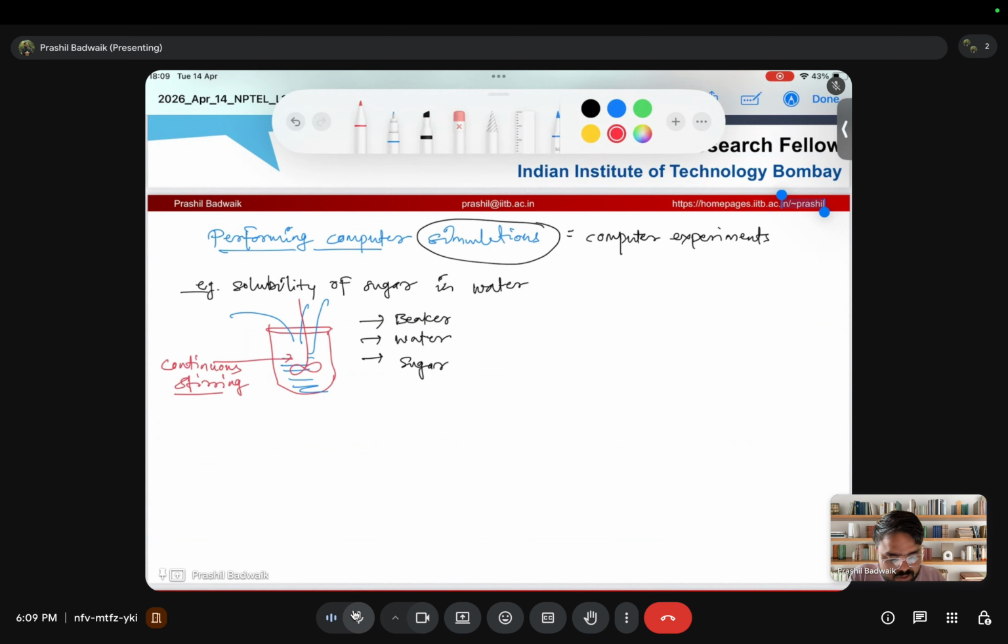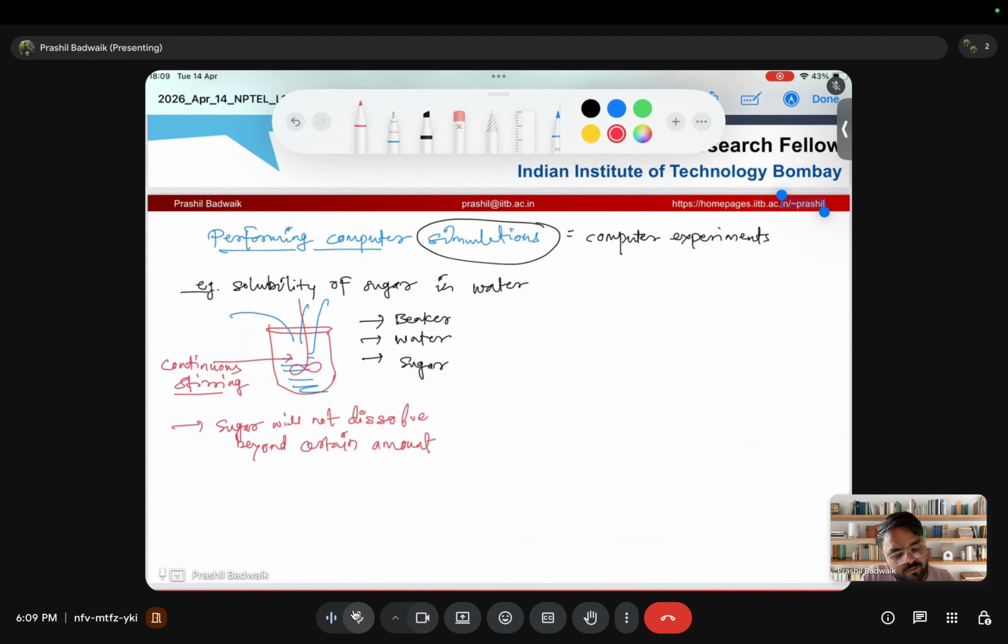After a certain time, what will happen? Sugar will stop dissolving. Beyond a certain amount, the sugar will not dissolve, right?